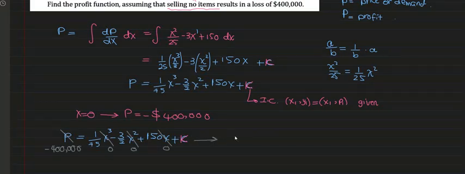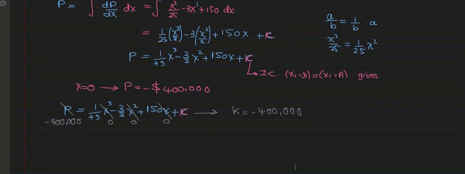So from that, we know that the k is negative 400,000, and we have derived now the full profit model, which is that p, the profit, is 1/75 x to the power of 3 minus 3/2 x to the power of 2 plus 150x, and then minus 400,000. And that's it. Perfect.